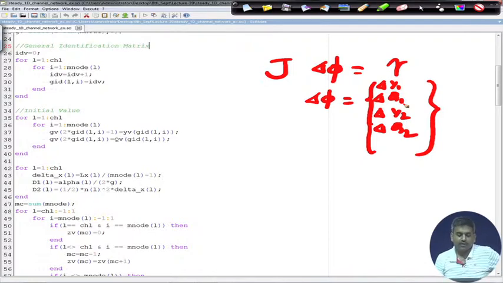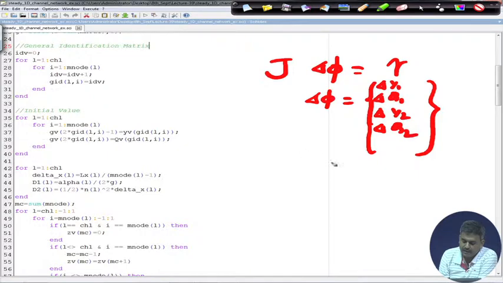So, for this global vector definition, this 2 into GV, this GV is a general vector or general variable in this case. So, for the general variable, I am assigning GID.